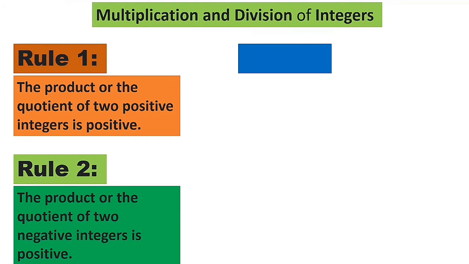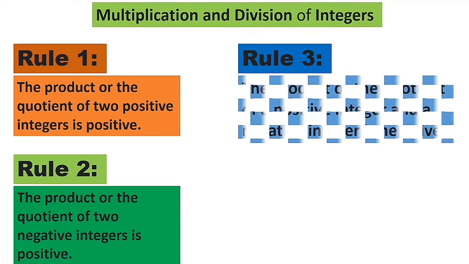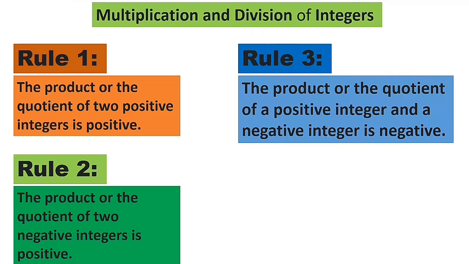Next rule, rule number 3. The product or the quotient of a positive integer and a negative integer is negative. So positive times negative is equal to negative. Positive divided by negative is equal to negative.